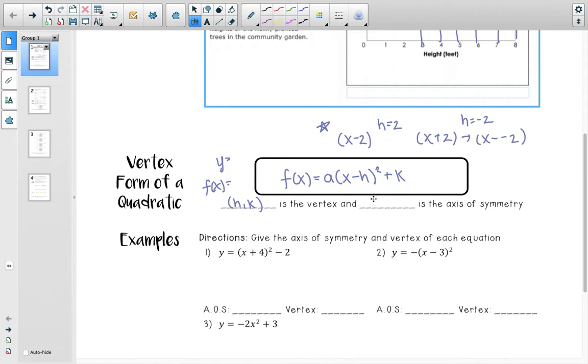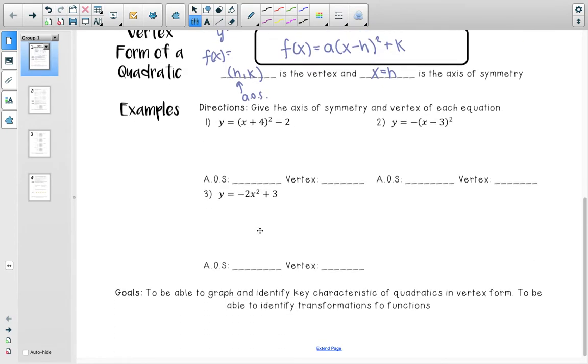And then the axis of symmetry is always x equals h, because the axis of symmetry is always the x value of the vertex, okay? So I'm going to show you some examples, and then I'm going to show you some of them on Desmos, and then we're going to stop, and I'm going to do this page by page for the most part because there's a lot going on, okay?